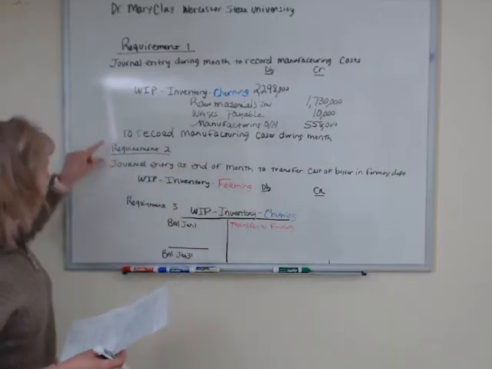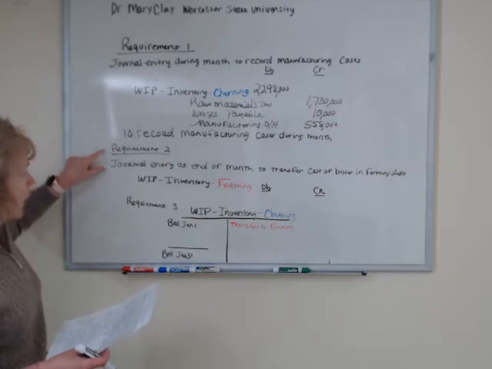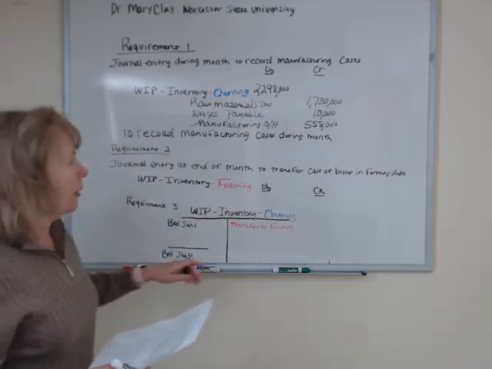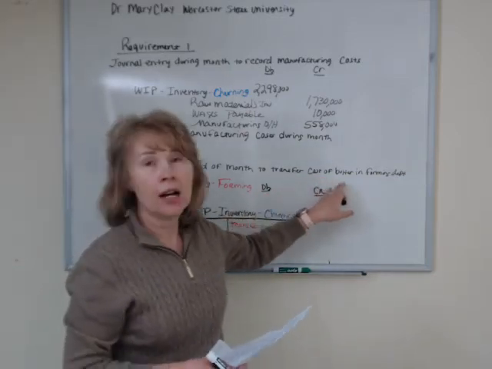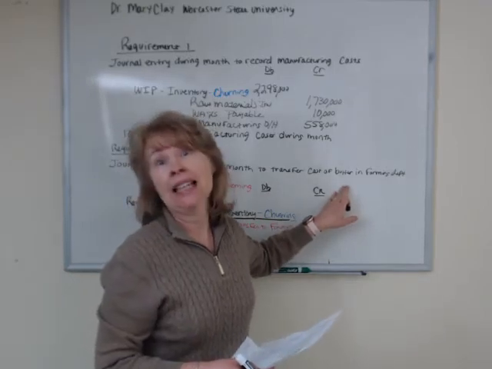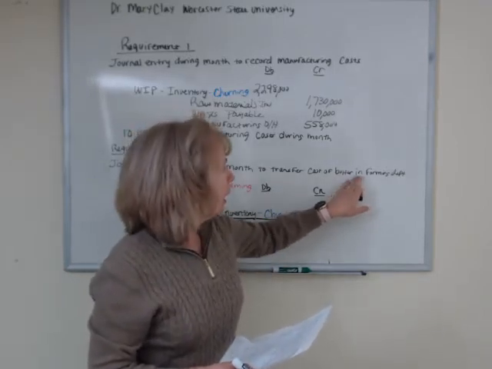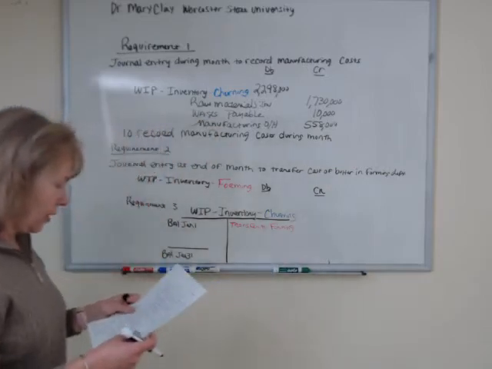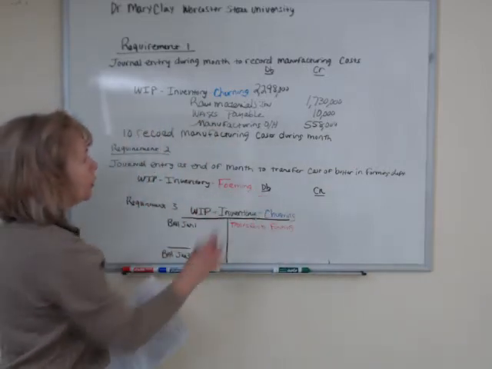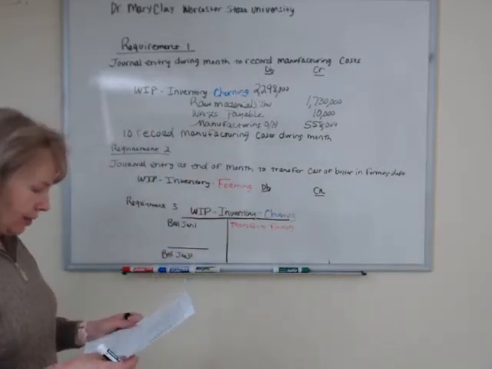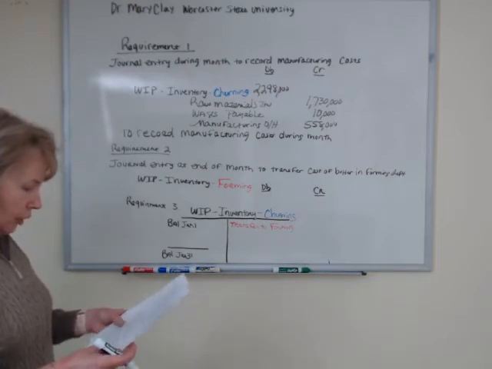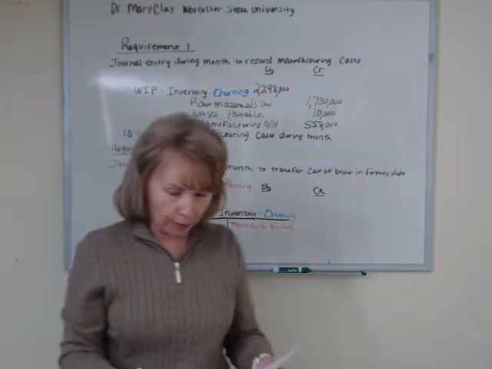The next requirement is the journal entry at the end of the month to transfer the cost of butter, I didn't use my New England accent, to the forming department. We're going to transfer it from one department to the next. So we look at the production report.